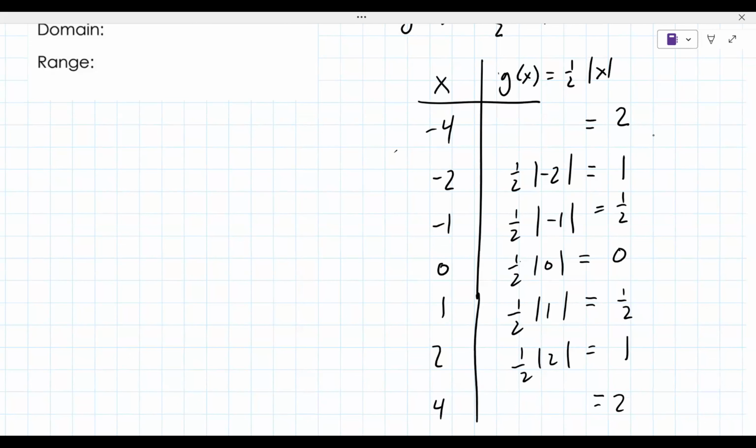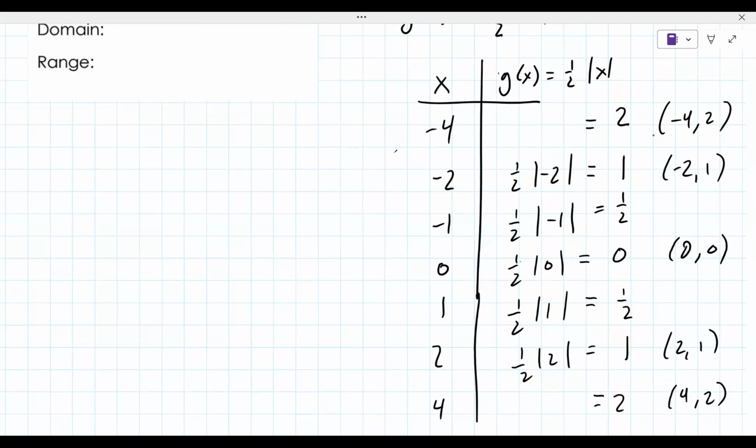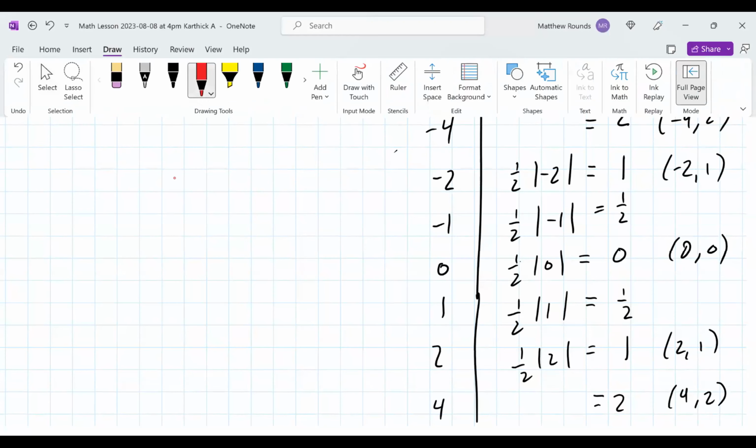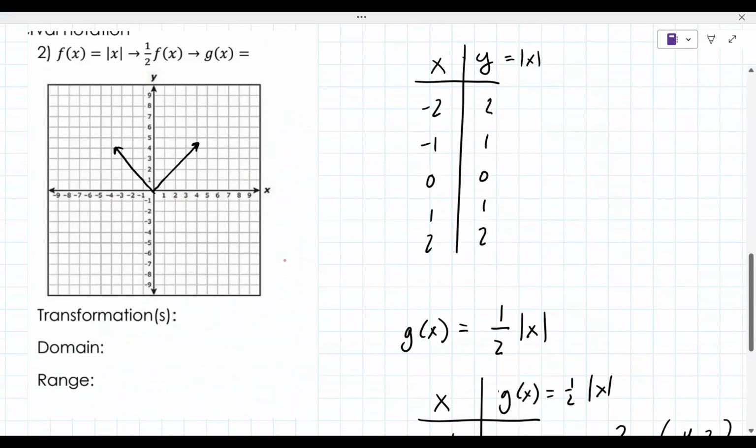Agreed. Okay, and so these are better to graph. -4, 2 is better to graph. -2, 1, 0, 0, 2, 1, and 4, 2. And your instructor appreciates that as well. They want to be able to look at your graph and not think it's weird. So -4, 2, -2, 1, 0, 0.